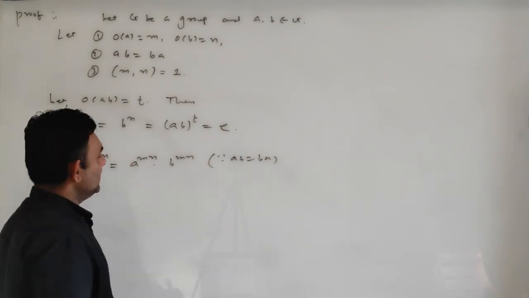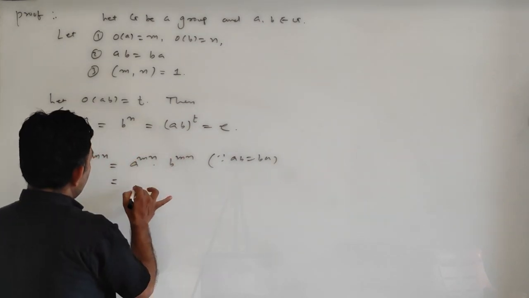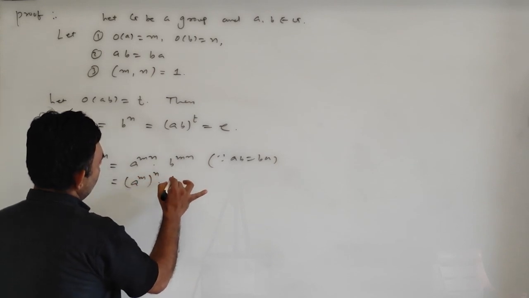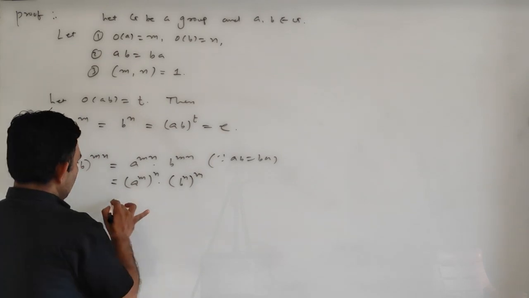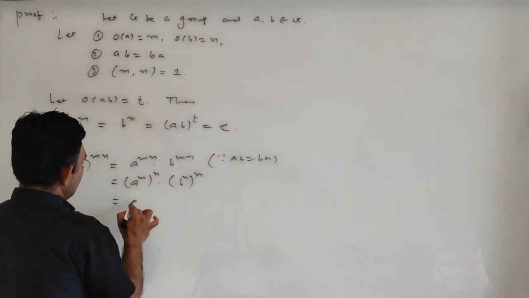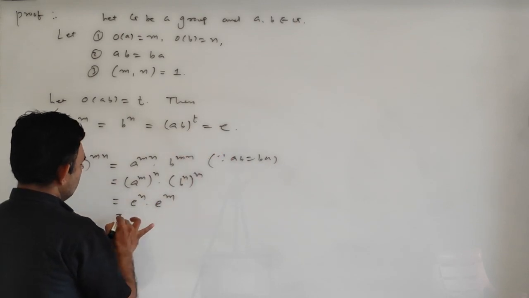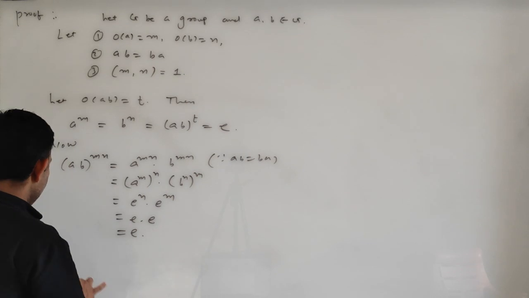We have seen this result in some earlier lecture. Now I will write A raised to mn as A raised to m to the power n, and I will write B raised to mn as B raised to n raised to m, and that I can do. But A raised to m is identity, so identity raised to n. B raised to n is identity, so identity raised to m. So it is identity into identity, it is identity.